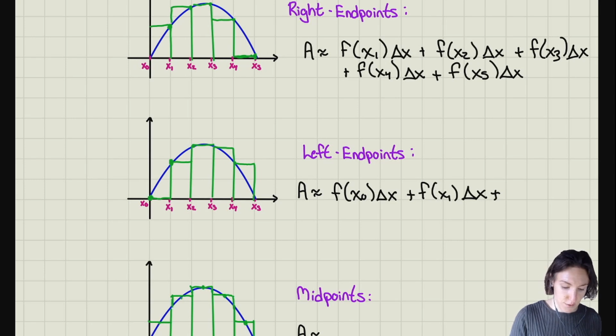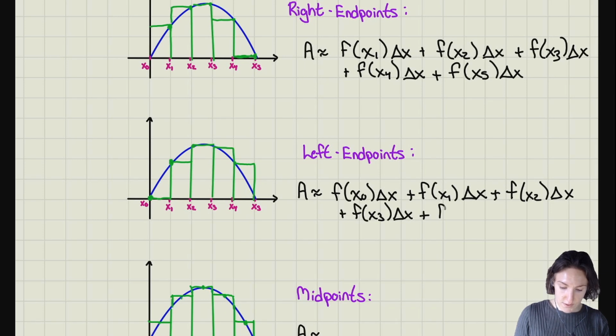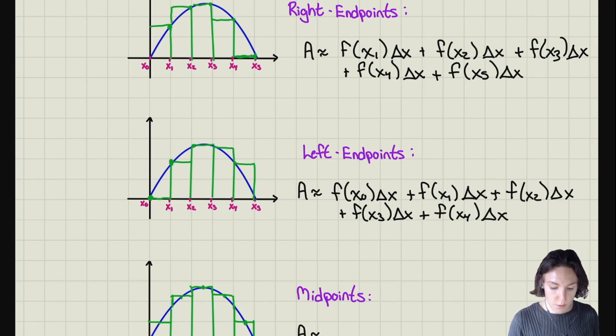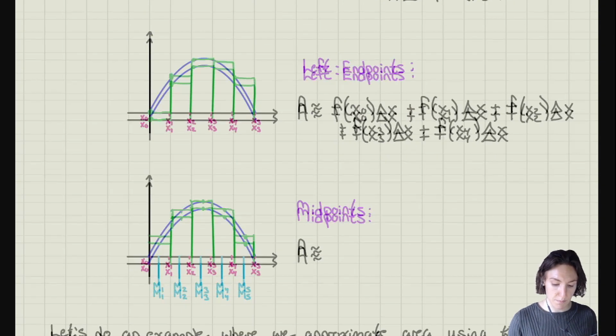And then our next one would be f at x2 delta x, and then f at x3 delta x plus f at x4 delta x, and that corresponds to our last rectangle. So the point that we're starting at, depending on the left or right endpoint, makes the expression slightly different for our Riemann sum.